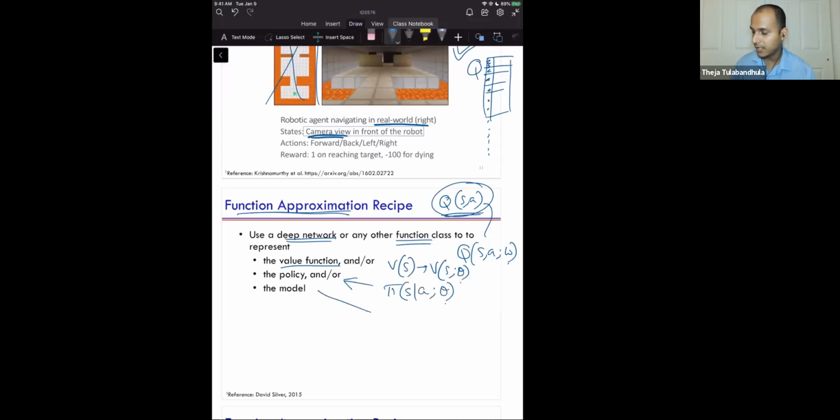Or the model itself could be P of s prime given s comma a, with parameter theta. So this is just extra parameters. I'm just saying that you can characterize all these three quantities using functions. Okay, so that would be function approximation. Without this extra theta, you haven't approximated any of your objects. Okay?